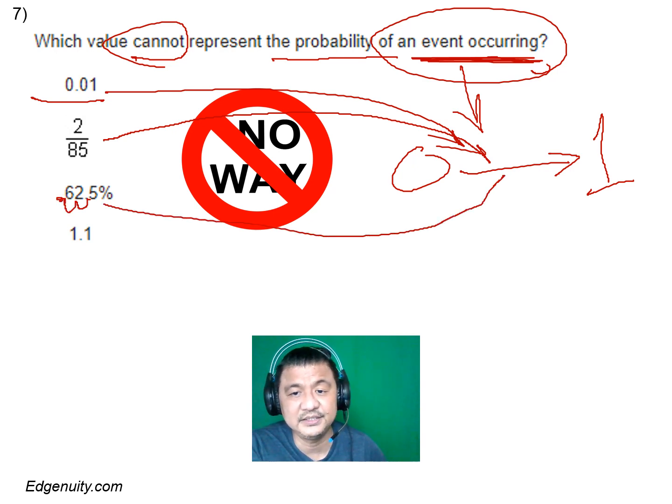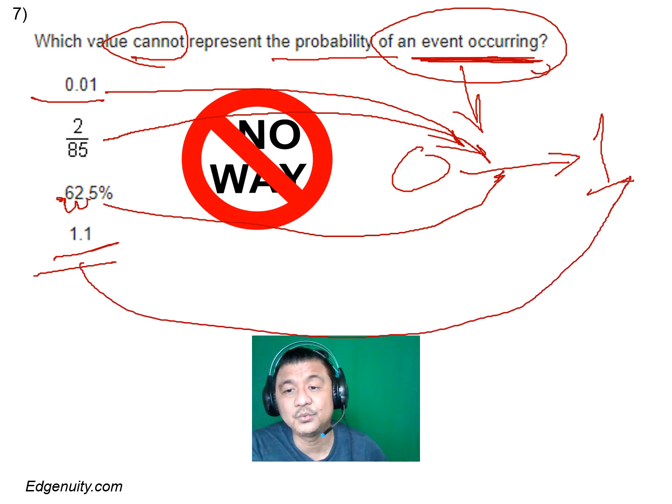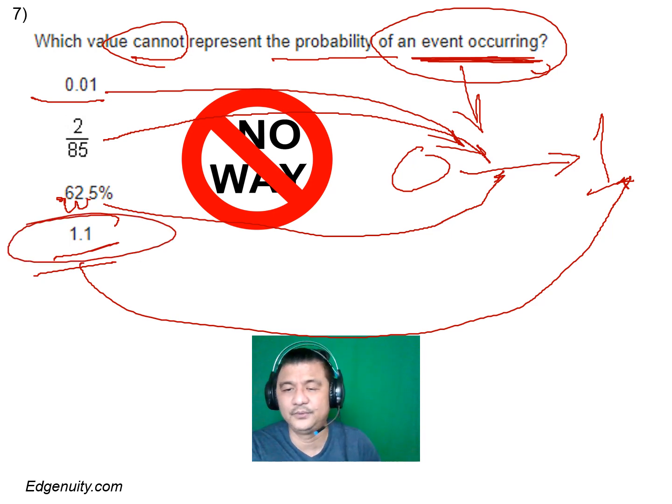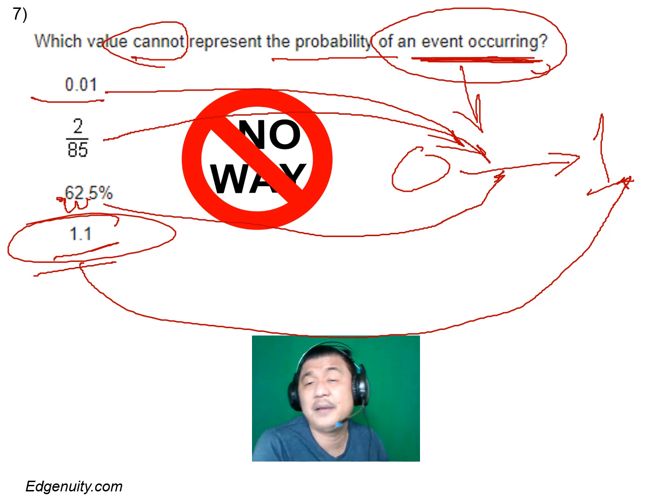That is still here. How about 1.1? It goes beyond 1. Can you be beyond certain? No, you can't. So that's the answer. No way can it be 1.1. So sometimes people would say, oh, I'm 120% sure. You don't need to add that 20. 100% sure is already what it takes to be sure.